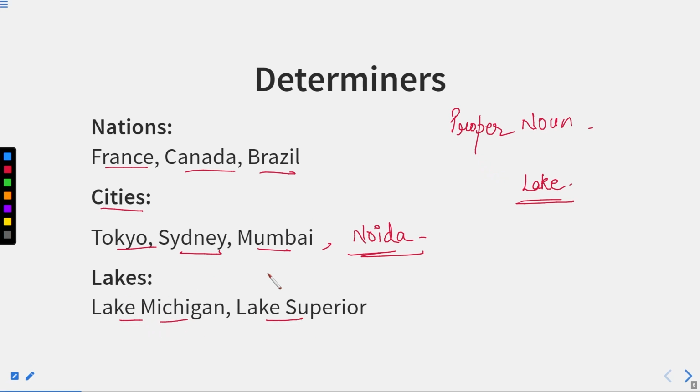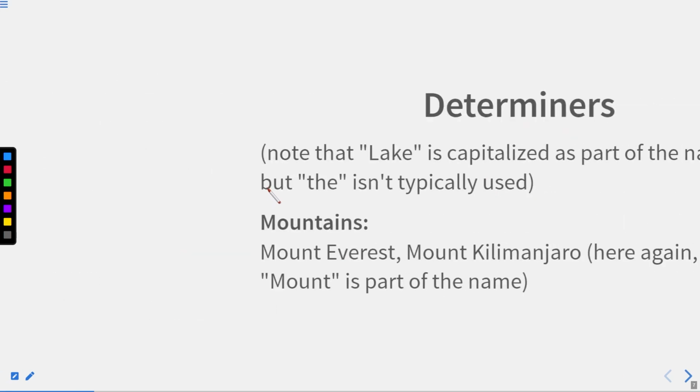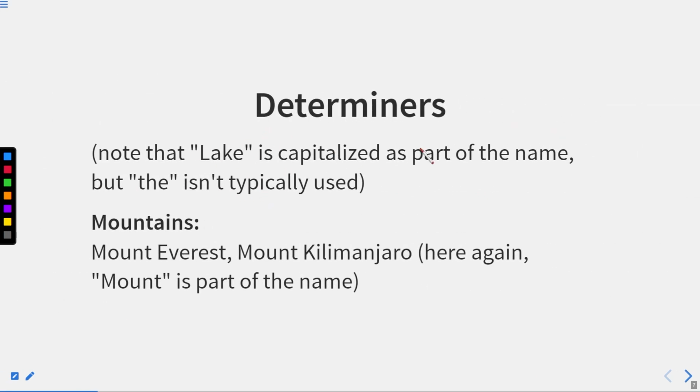We cannot use the. I cannot say the Lake Superior or the Lake Michigan. That is incorrect. Instead, we can use Lake Michigan or Lake Superior. But if the word Lake is not over there and we are using just the name of the lake, we can use the before it. For example, the Superior Lake.